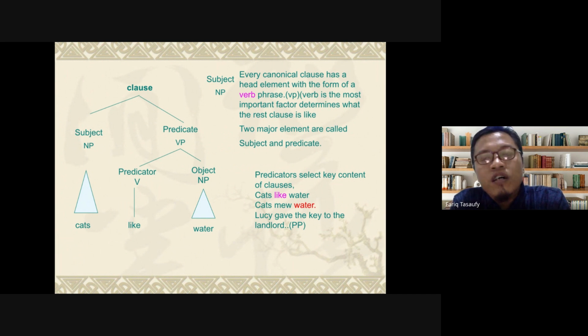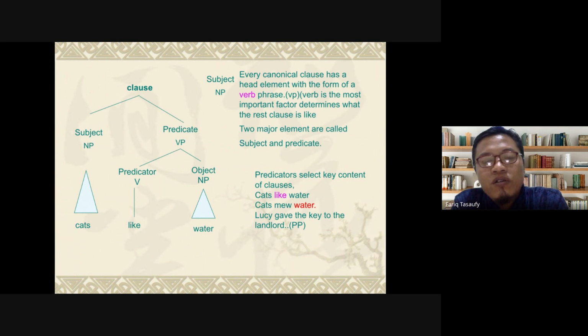For example, a noun can be constituted with the noun phrase. And do you know that the predicator will select the key content? Like in the sentence "cats like water," the verb "like" will determine the water.